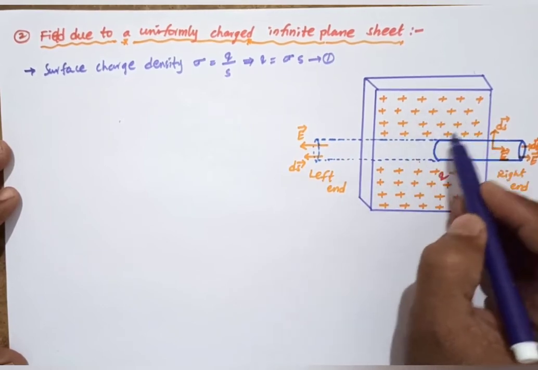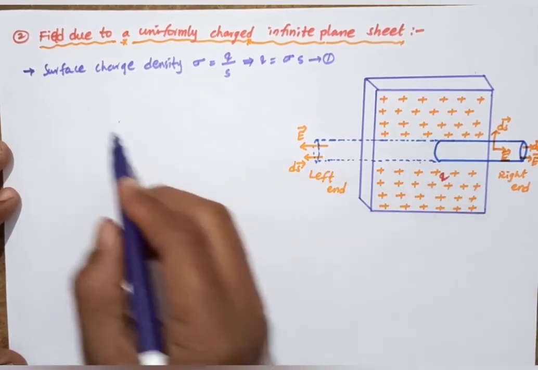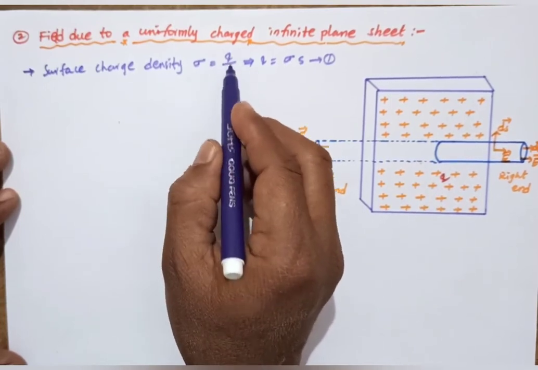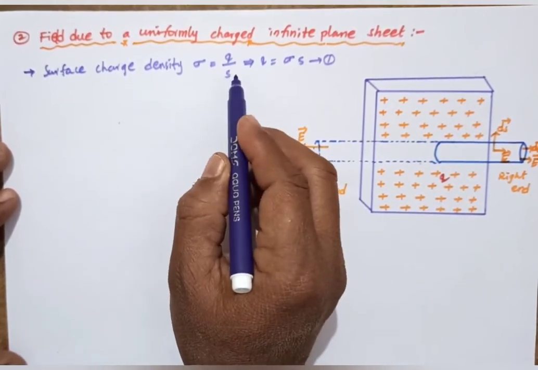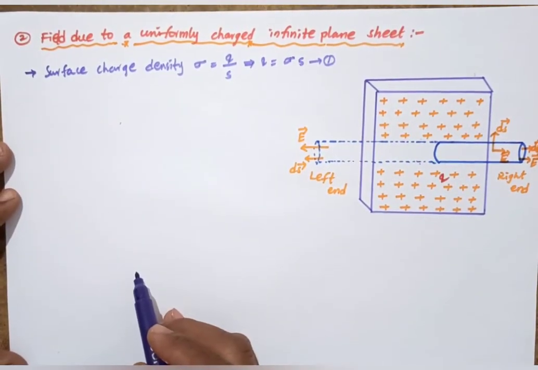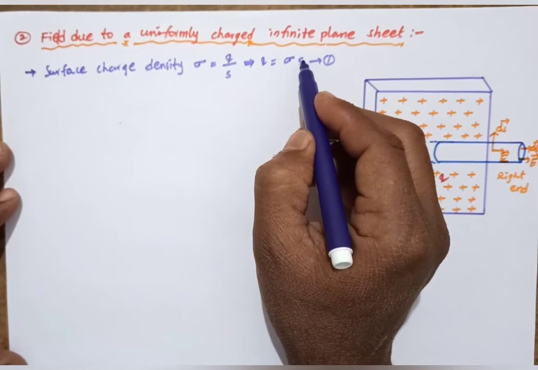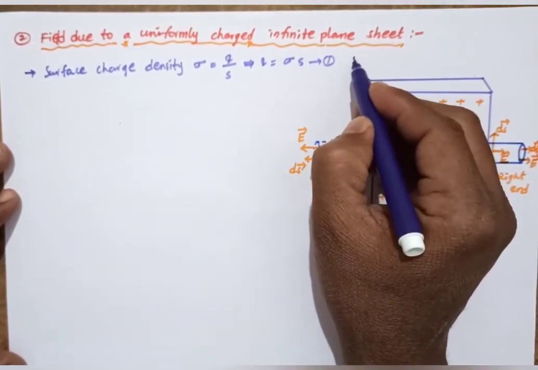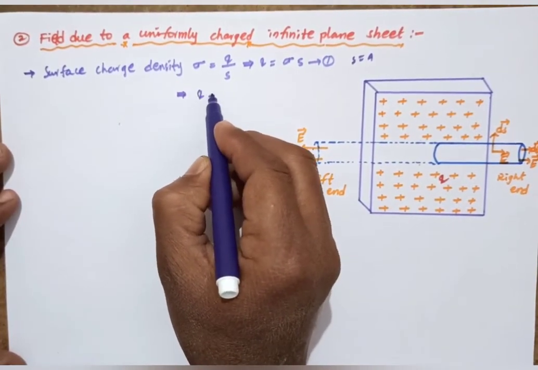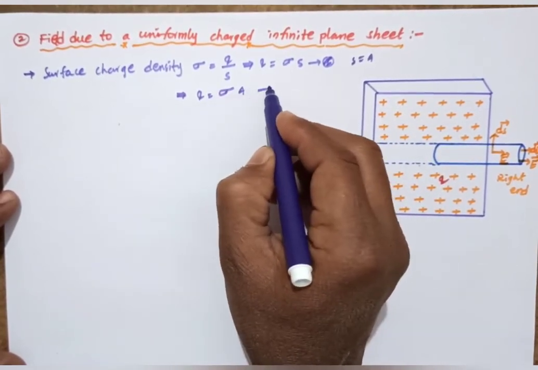It consists of positive charge, the charge is Q. We consider the surface charge density sigma equals Q by S, where S is the surface area, so Q equals sigma into S. Here we consider the surface area S equals A, then Q equals sigma into A. This is equation number 1.